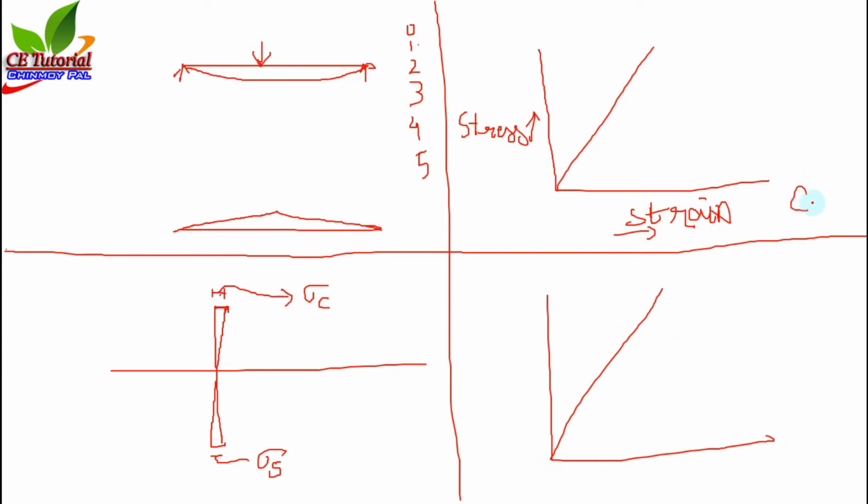This is for concrete, this is for steel, and both are linear. Okay, because this is one assumption of working stress method. So this is strain, and this is stress.